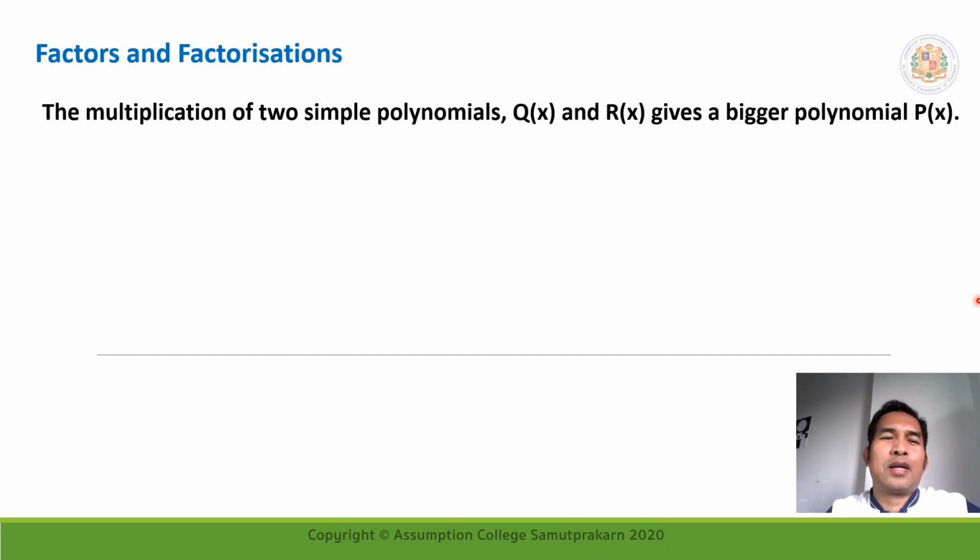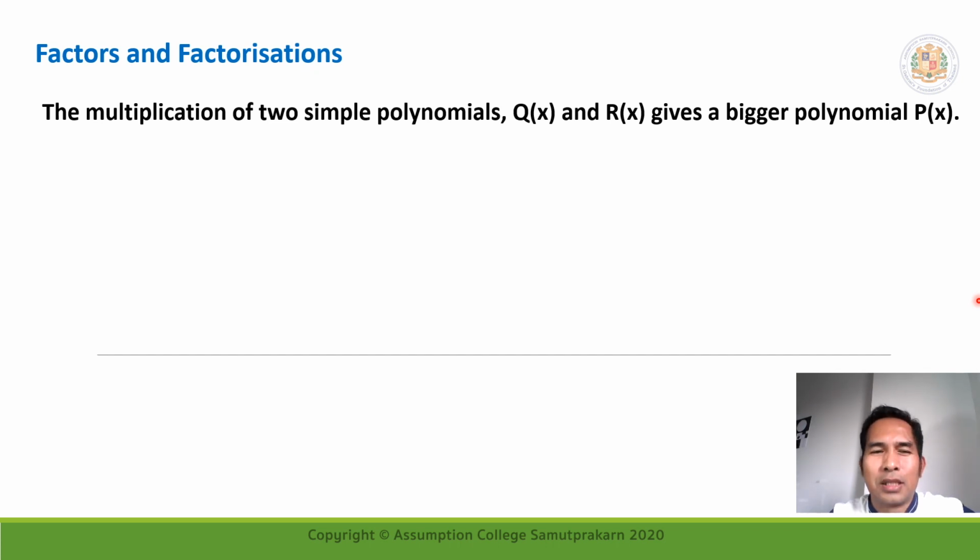Next, we have here factors and factorization. The multiplication of two simple polynomials q(x) and r(x) gives a bigger polynomial p(x), or the function of x. So again, factors and factorization. Actually, when you think about factors, that is the answer we derive from factorization.